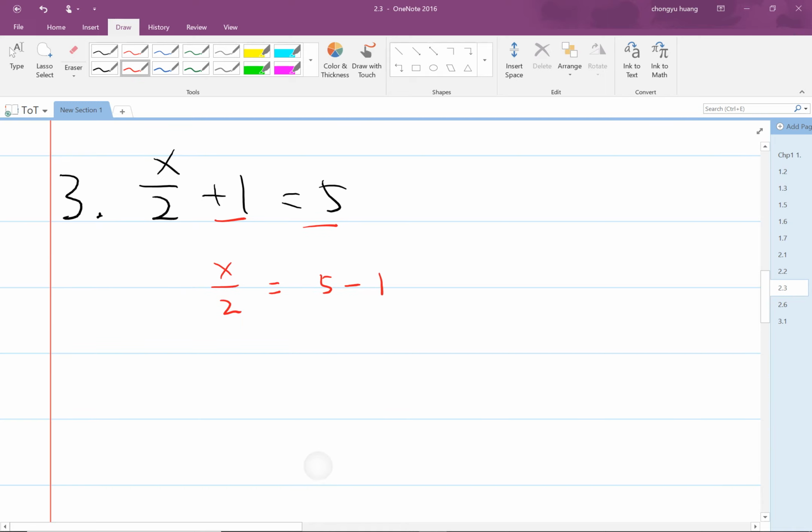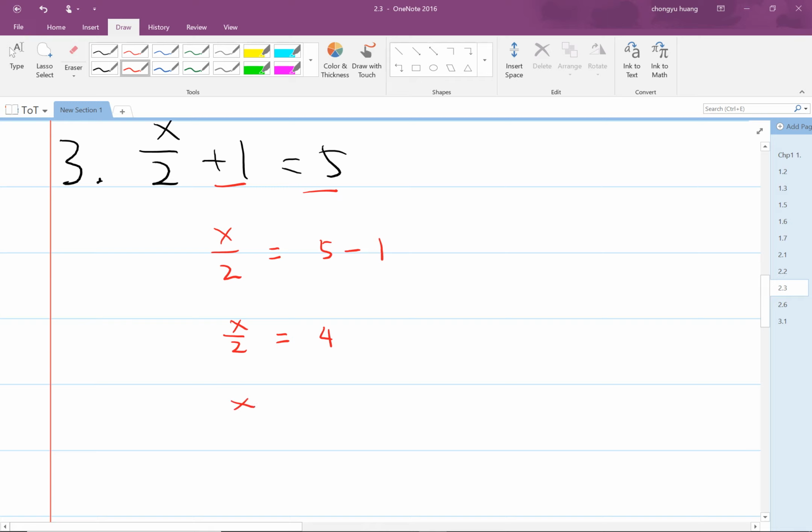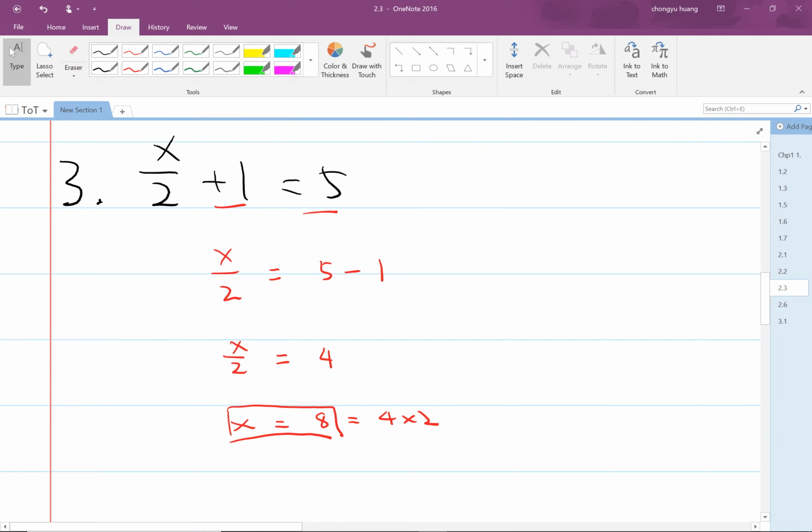Then we simplify a little bit. 5 minus 1 becomes 4, and then x just becomes 8, because 4 multiplied by 2 is 8. So we solve the problem, x equal to 8, right?